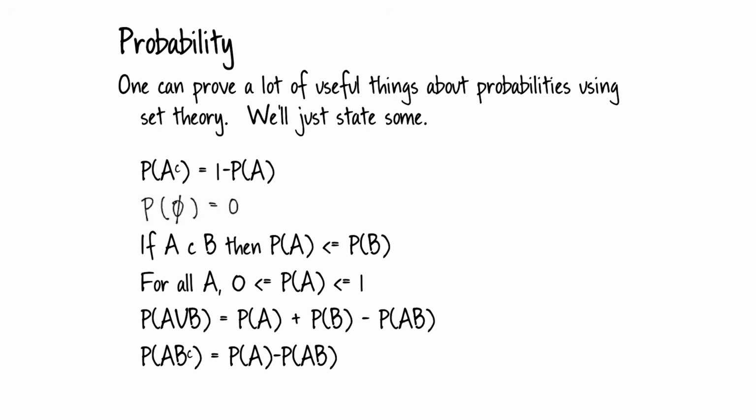The probability of the empty set is equal to 0. If A is contained in B, then the probability of A is less than or equal to the probability of B. We can also prove that for any event, the probability of that event is between 0 and 1. The probability of A union B is equal to the sum of the probabilities of those two events minus the probability of their intersection.